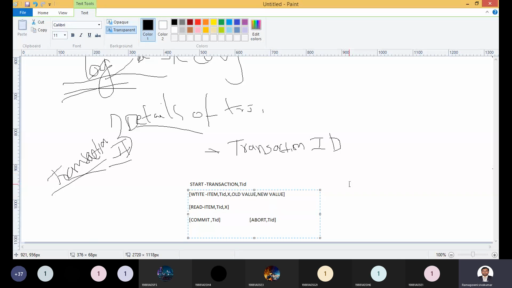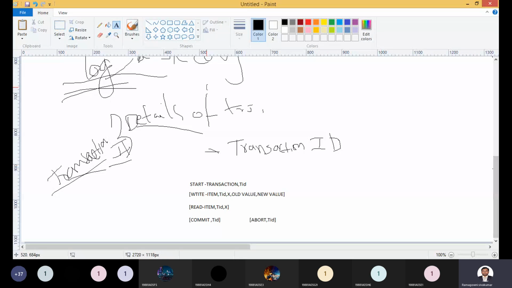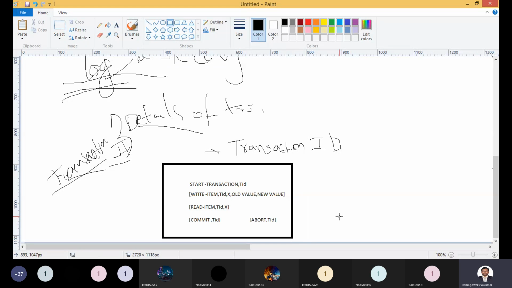Remember this point, these are important. In the log files we write the details of the transaction and assign a transaction ID for each transaction. We perform a write operation on data item X, with old value and new value. Then we perform a read operation on data item X. Then we successfully commit the transaction ID.